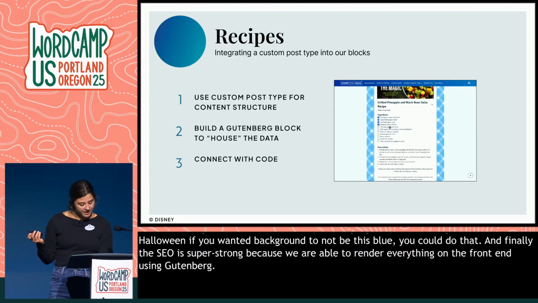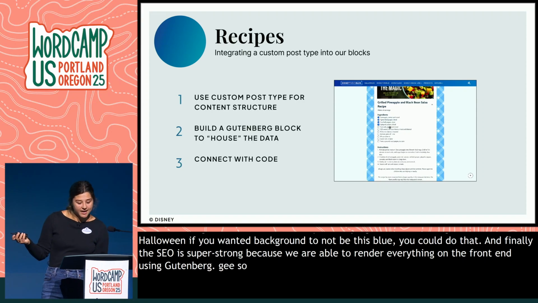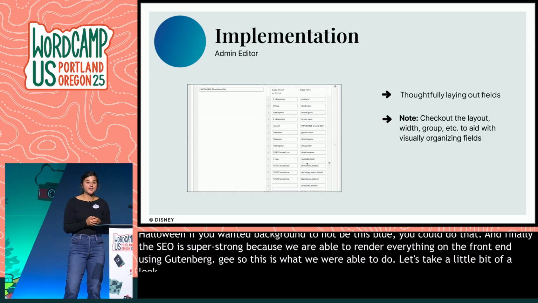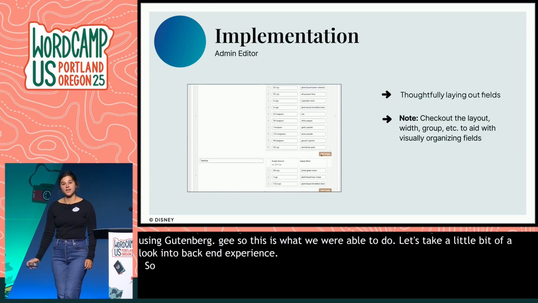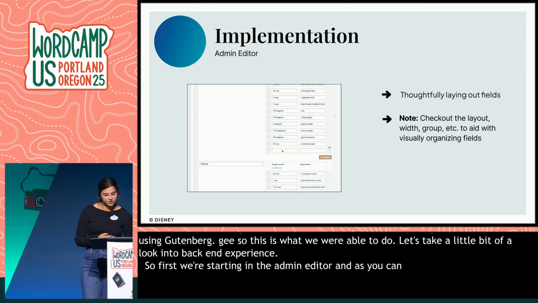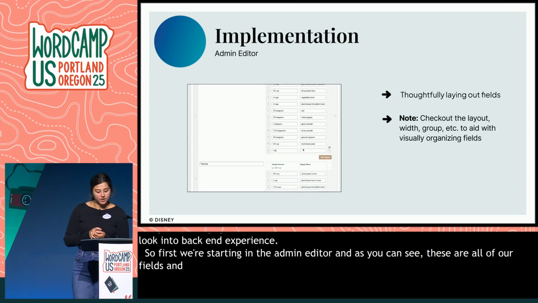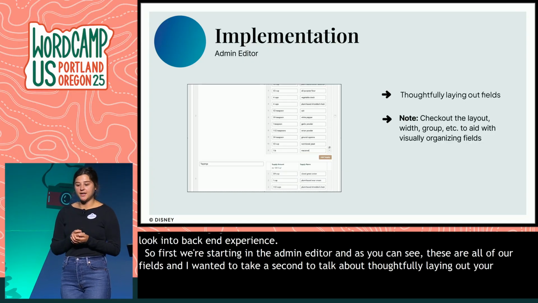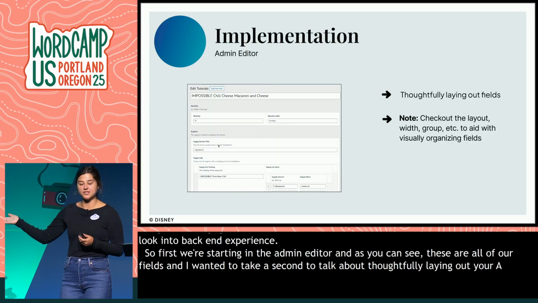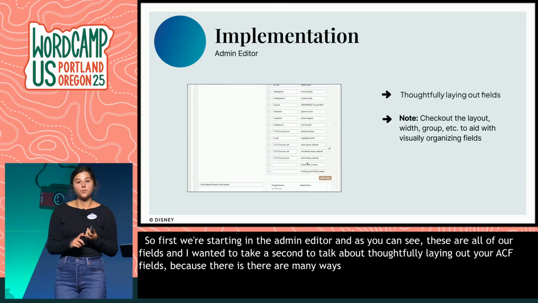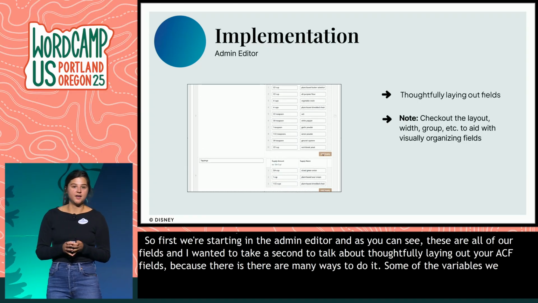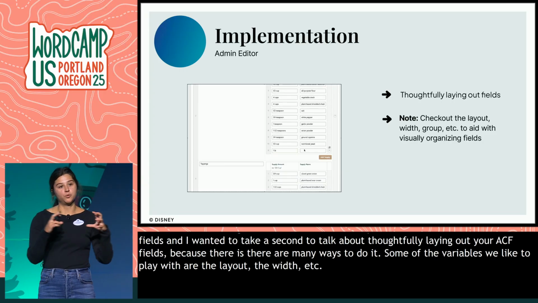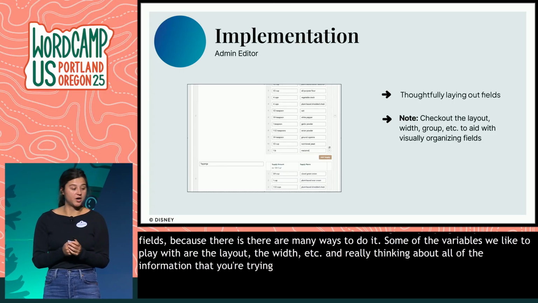So let's take a little bit of a look into that back-end editor experience. So first, we're starting in the admin editor, and as you can see, these are all of our fields. And I just really wanted to take a second to talk about thoughtfully laying out your ACF fields, because there's many different ways to do it, but some of the variables that we like to play with are the layout, the width, the group, etc. And even just thinking a little bit about all of the information that you're trying to plug in and grouping it can really make a big difference for your content editors.